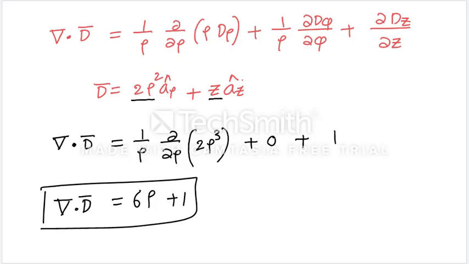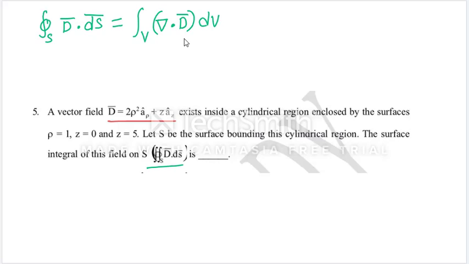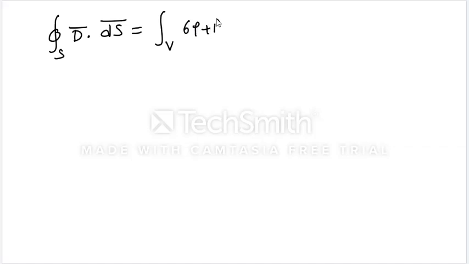Now we use this del dot D and replace here. So the closed surface integral of D dot dS equals the volume integral of del dot D, which we got as 6 rho plus 1 into dV.